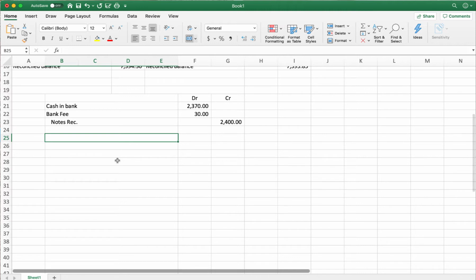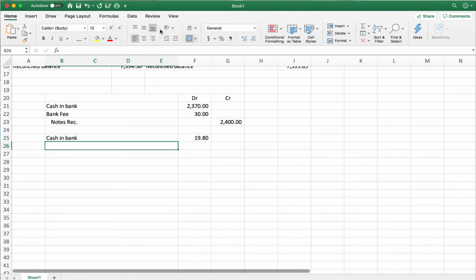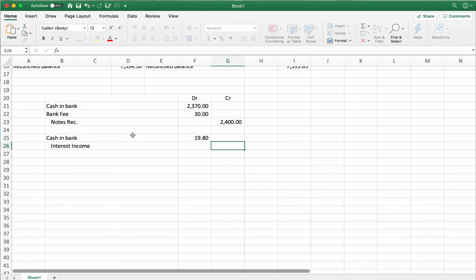The next thing we need to do is book number 3, the interest, right? So I'm going to say cash in bank, $19.80. And this is interest income that we're earning. So I'm going to credit interest income, $19.80.